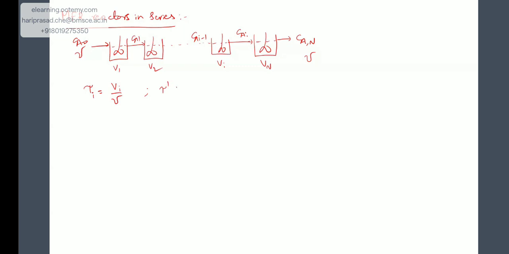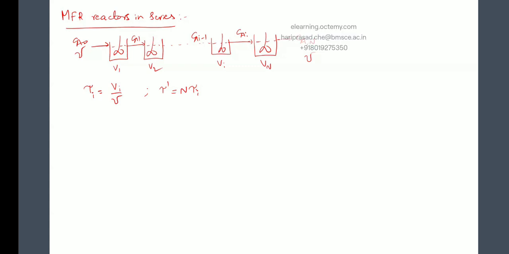This is nothing but n number of reactors into individual time constants, so that will give you the total time constant in the complete n number of reactors. So n into tau i, and we already know tau i is the individual volume divided by volumetric flow rate, Vi by nu. Correct? So this is my representation.